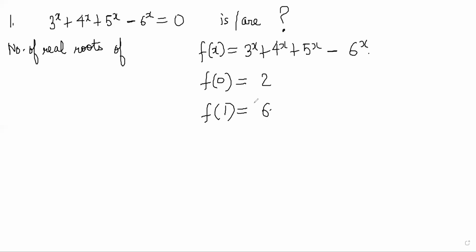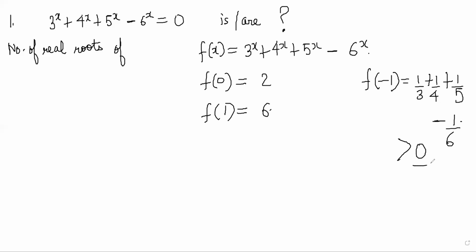And if you go to negative x, let's say f of minus 1, what happens? f of minus 1 will be 1 by 3 plus 1 by 4 plus 1 by 5 minus 1 by 6, which is clearly positive.